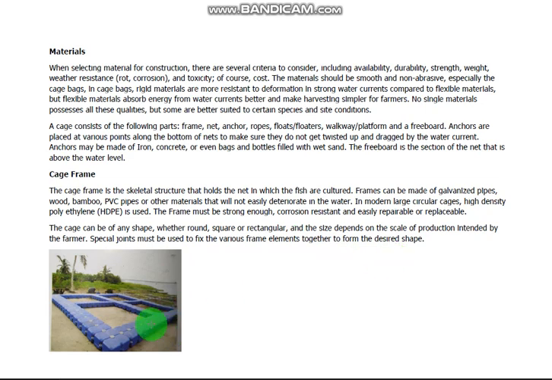You can see the joint here makes it have a rectangular shape. There are different joints if you want to construct a square or a round cage. So you have to know which one you are going for and which type of joint you are supposed to use.